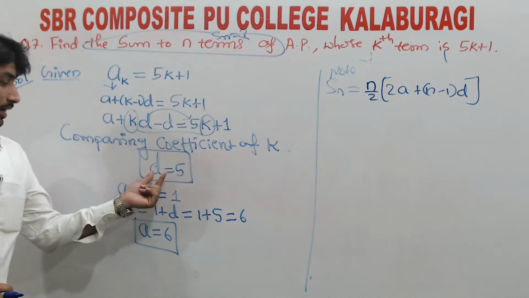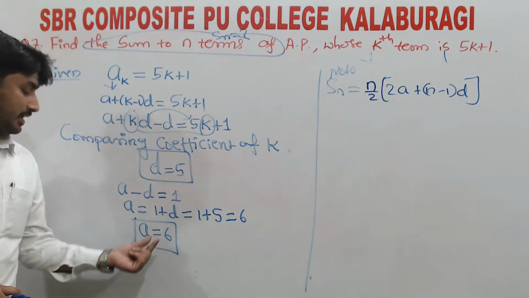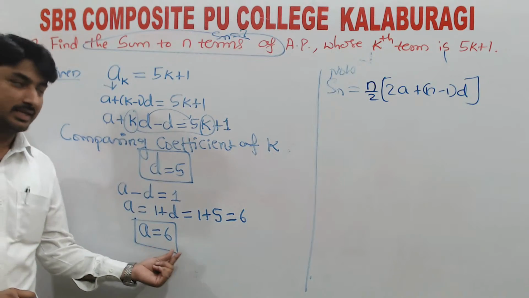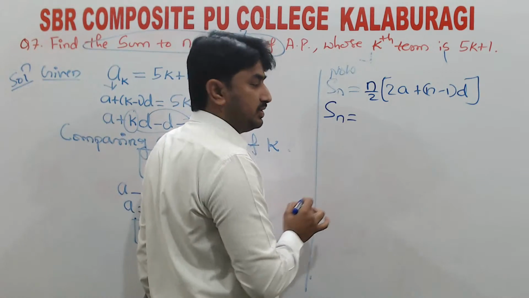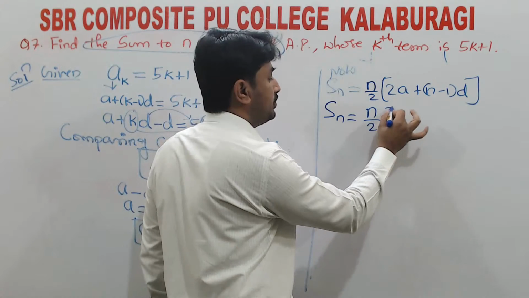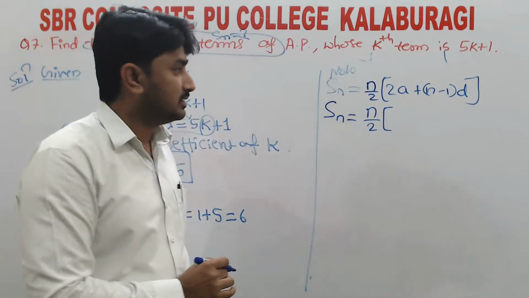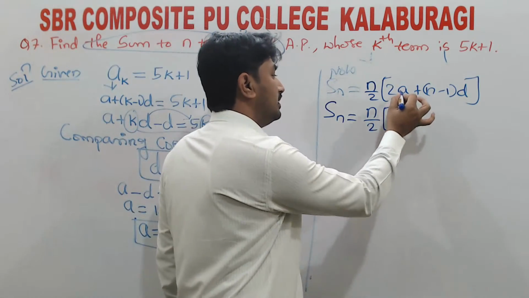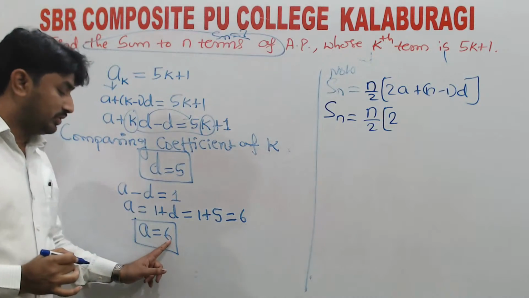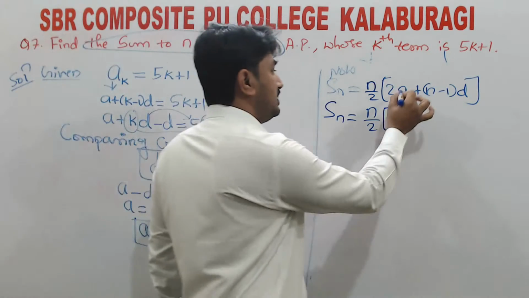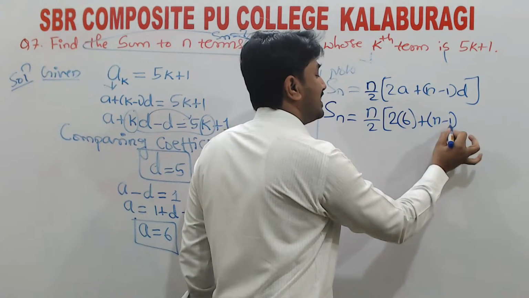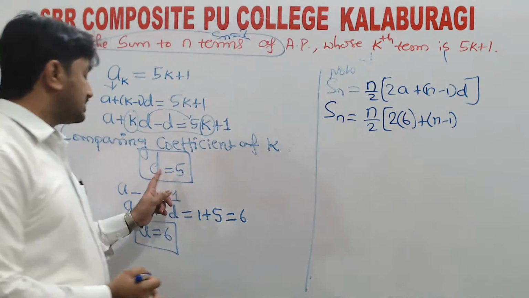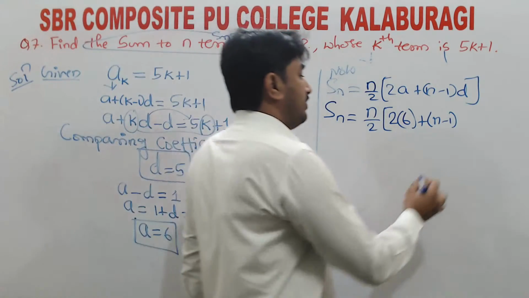Here the common difference is 5 and the first term is 6. So the sum of n terms is n by 2 into 2 times 6 plus n minus 1 into 5.